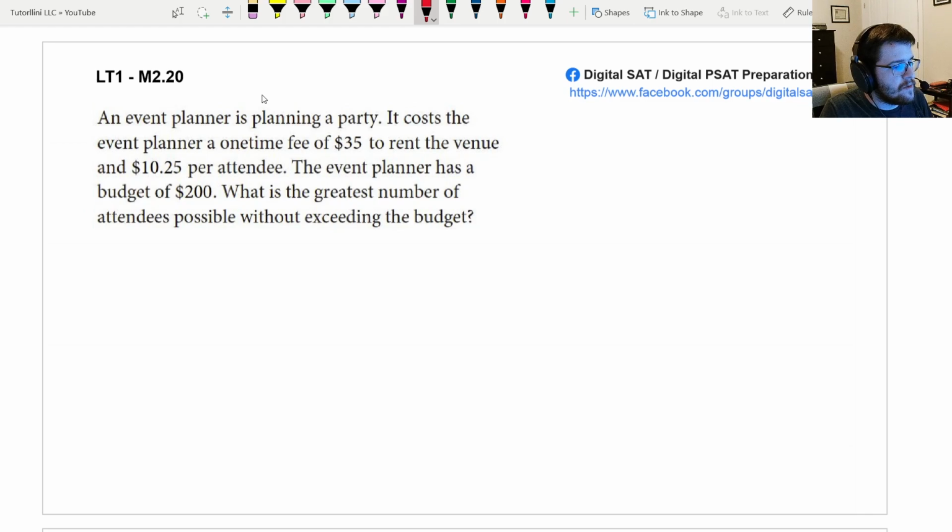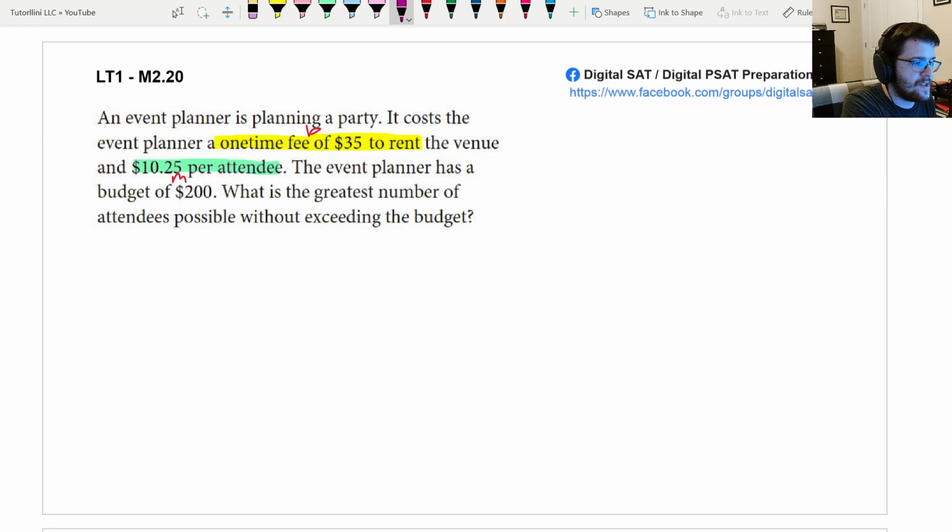Okay, a cost event planner one-time fee of $35. One-time fee, that's a flat fee. And $10.25 per attendee. Remember what we said, the flat fee is the y-intercept or the b, and the thing with each or per on it, that's your slope.